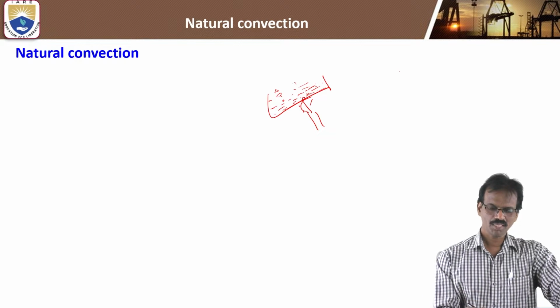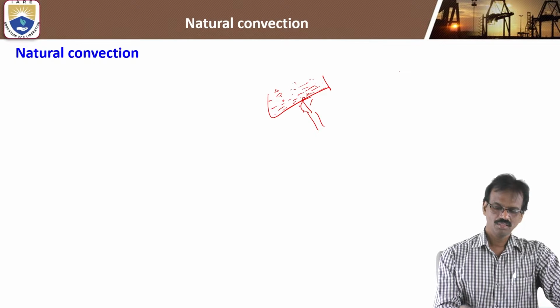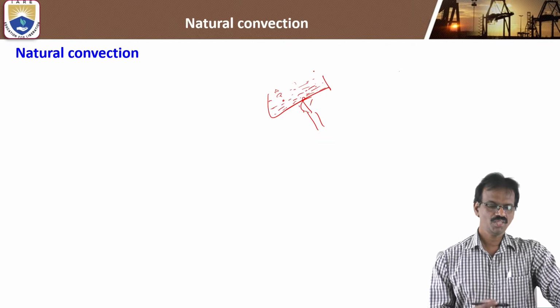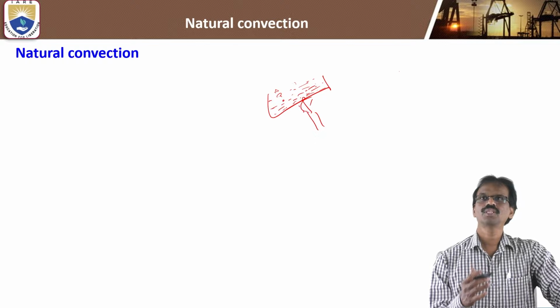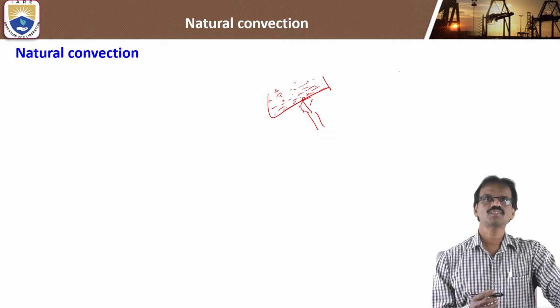In this way, heat transfer takes place from the bottom to top. This occurs naturally, by the effect of density differences, by the effect of buoyancy. So it is called natural convection.